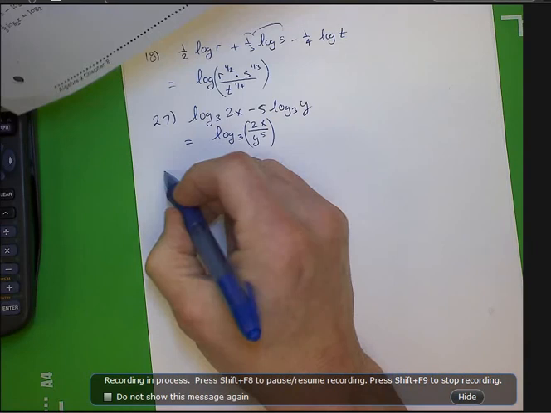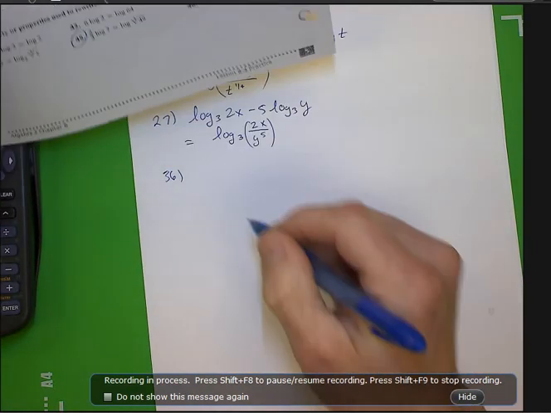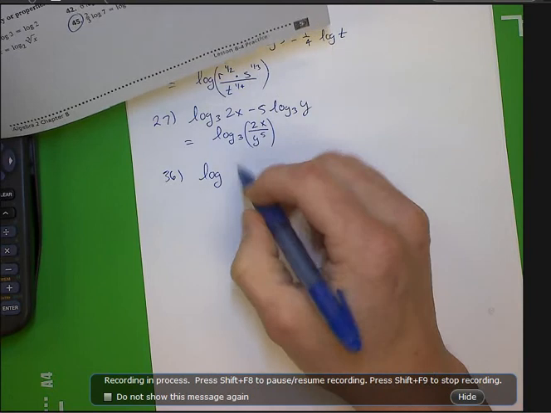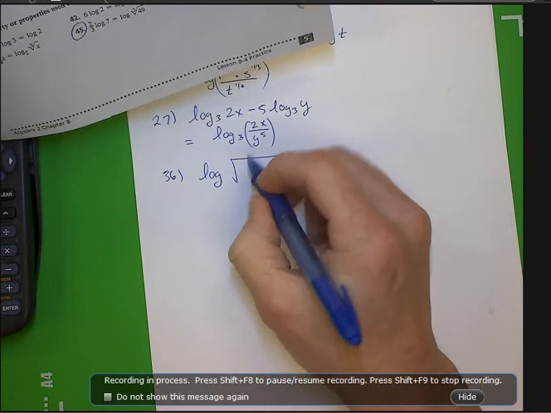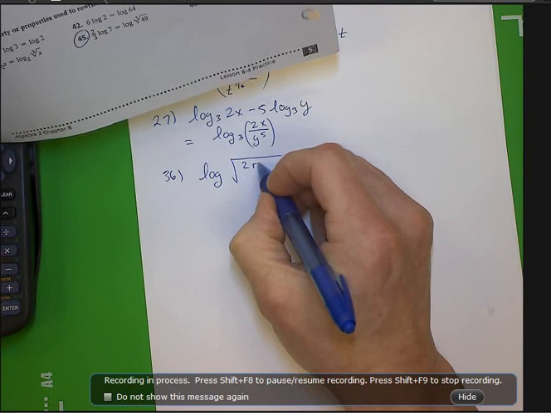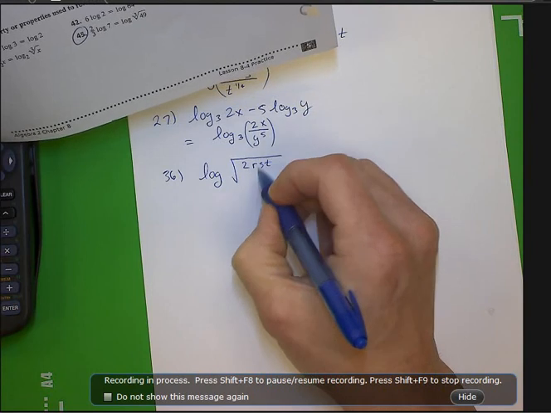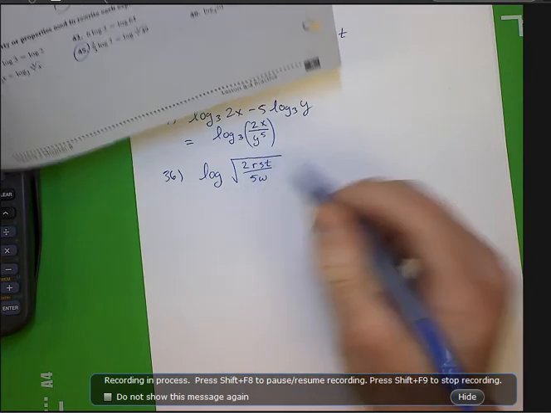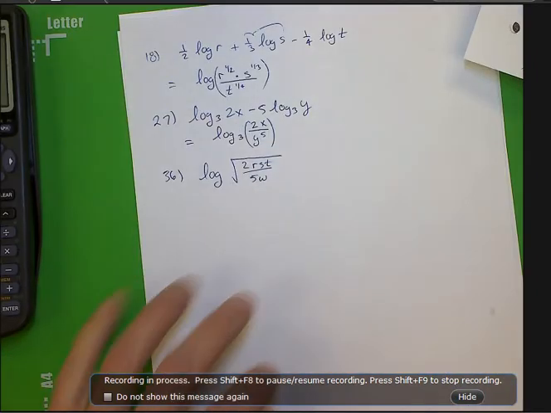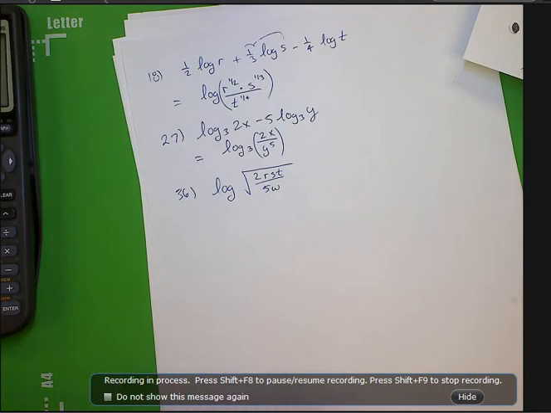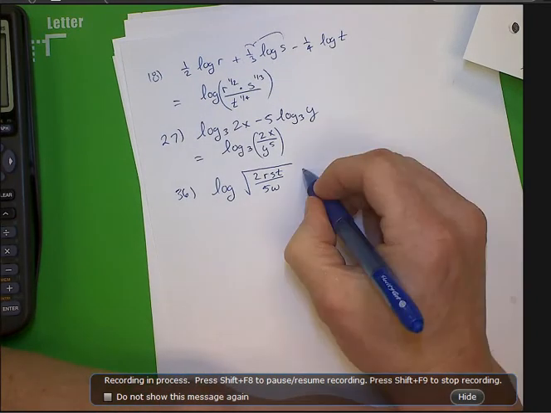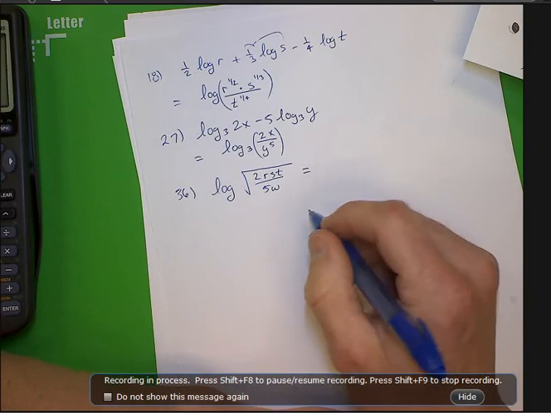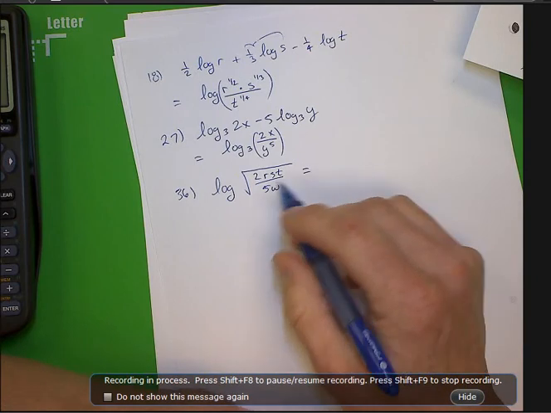Question 36. 36 asks us to expand the logarithm. So now I have a log of the square root of 2rst divided by 5w. And so if I'm going to expand that, I can simply do something like this.